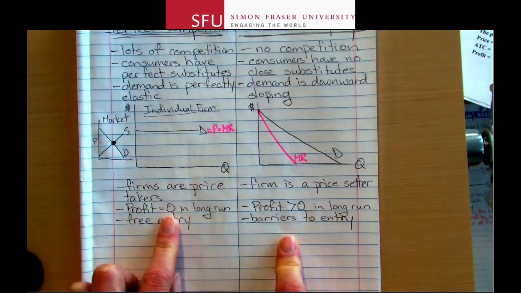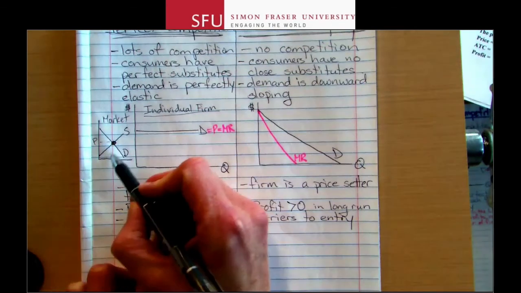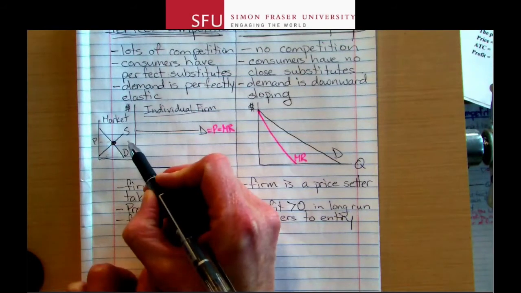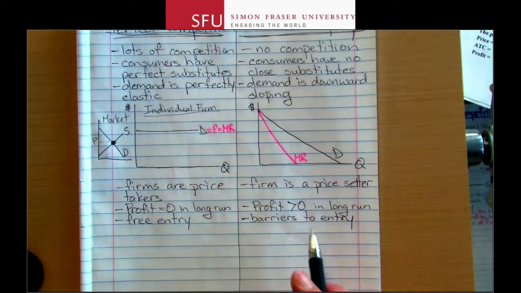Profit is zero in the long run. Right? So there's an accounting profit, but the economic profit is zero in the long run. Because if there are any economic profits being earned, it will attract more firms to the market. More firms will increase supply, price will go down, profits will disappear. Whereas a monopolist is a monopolist.